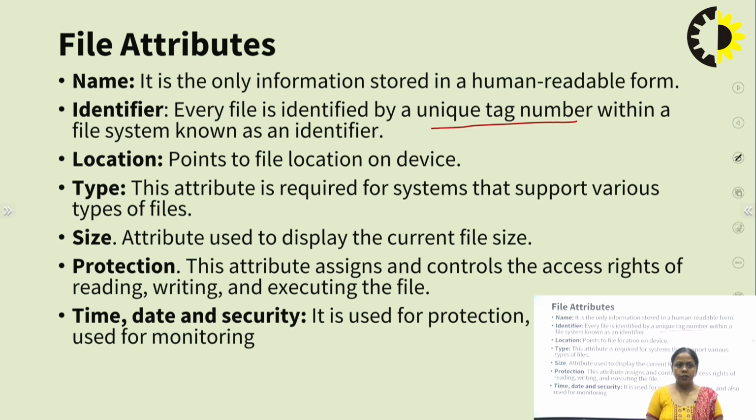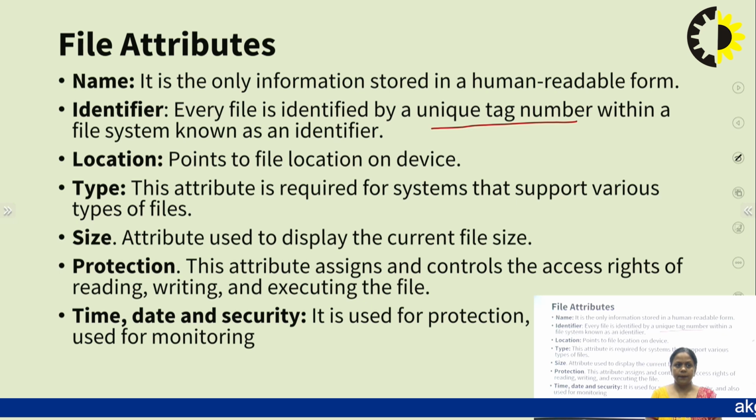Next is location. Points to file location on device. Next is type. This attribute is required for systems that support various types of files. Size. Attribute used to display the current file size.